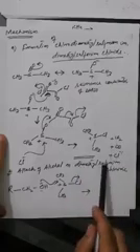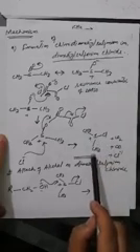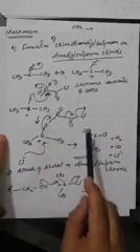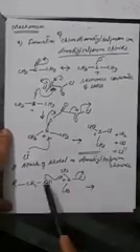What is the driving force for this reaction? I have already explained. The formation of this species is the first step, dimethyl chlorosulfonium or dimethyl sulfonium chloride. The formation of this species in the first step is important.